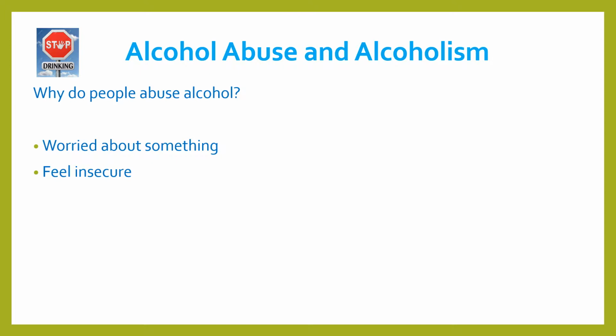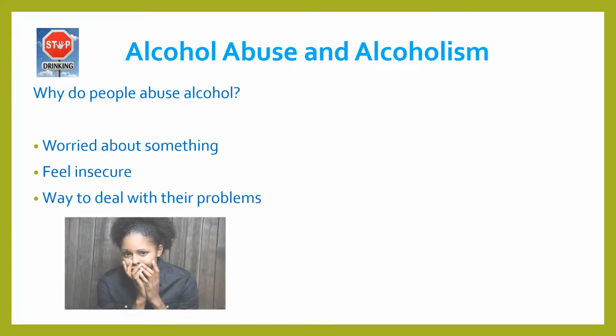You may have heard of this called beer muscles. When you drink, your inhibitions decrease and you seemingly get some guts. But when you fall over or vomit on them, I really don't think they will be all that interested in you. And some people use alcohol to deal with their problems.